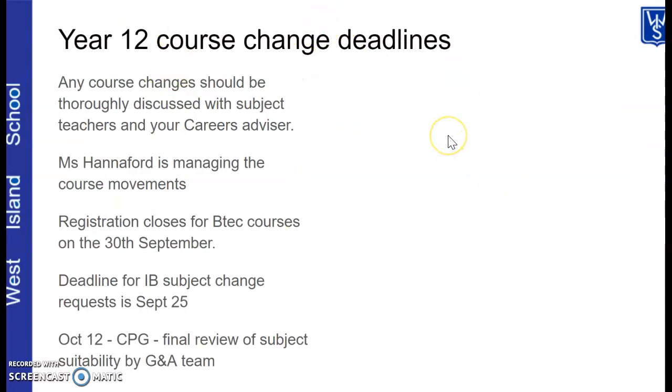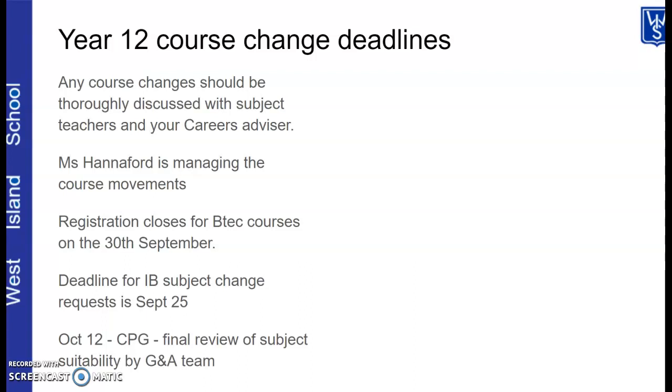For Year 12 parents, we've been working very hard really from Year 11 to talk to students about their choices, make sure they're on the right pathway, make sure they're on the right subjects. Any changes that students want to make should be discussed with teachers and with the careers advisor.